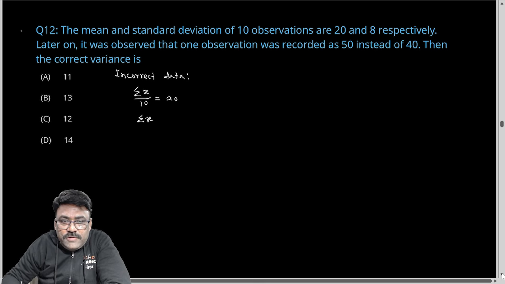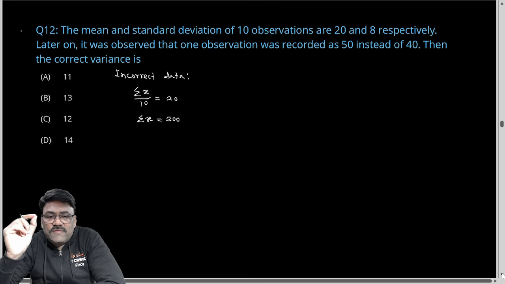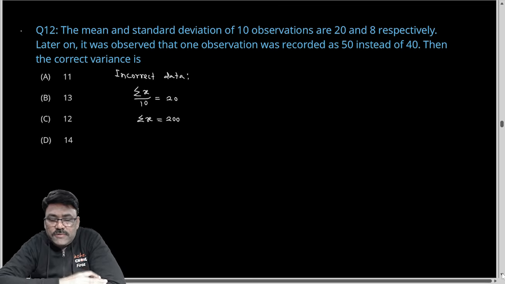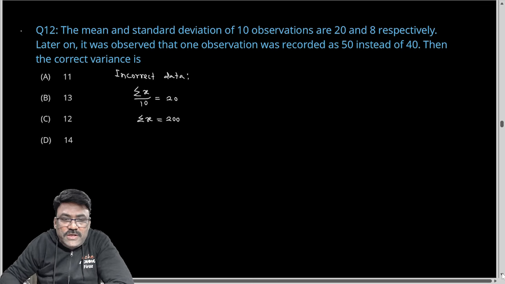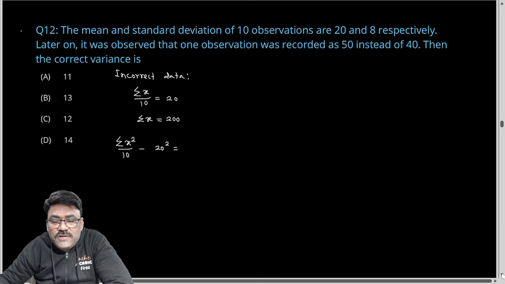So hence sigma x will be 200. Now what is variance? Variance will be sigma x square by n, n is 10, minus the square of the mean. Square of the mean means minus 20 square. This will be the variance.